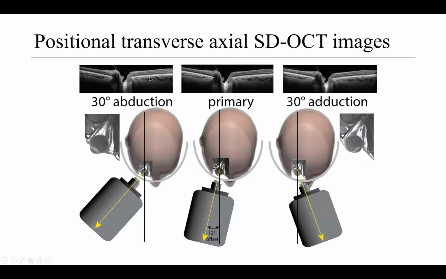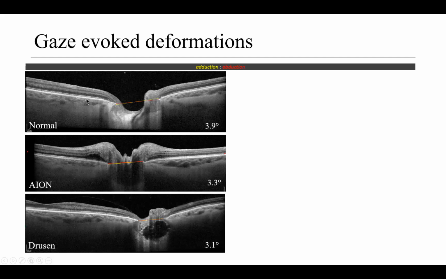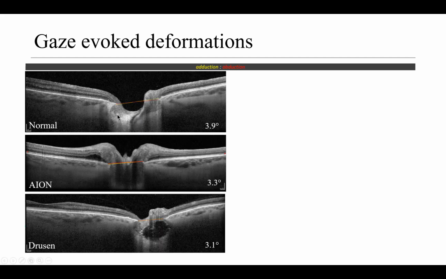Okay, let's talk about the effects of eye position or adduction on the optic nerve. If you acquire a transverse axial in primary position and then repeat that exact same OCT with the eye 30 degrees abducted and then 30 degrees adducted, and then superimpose those images and loop them, you will observe a very stereotyped pattern of deformation illustrated here in this normal subject.